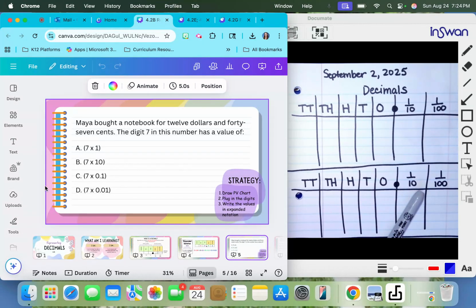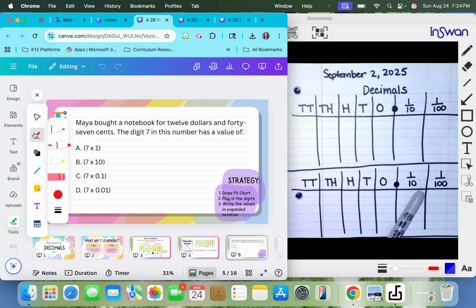So taking a look here at our first part of our number, it says $12. So we have 12 that we need to place on our place value chart. So where would the digits 1 and 2 go on our place value chart for the number 12?